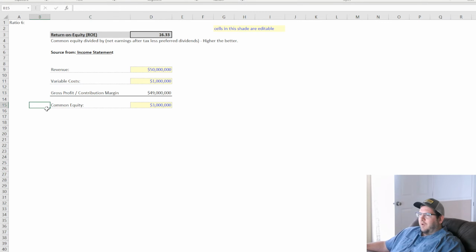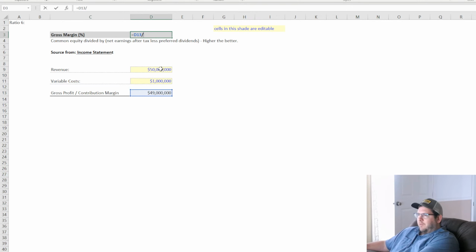I like gross profit as the name, and I like calling this gross profit margin. Now we just call this a margin. And it's simply, actually, we'll put it up here because the rest are up here. It's a percentage.